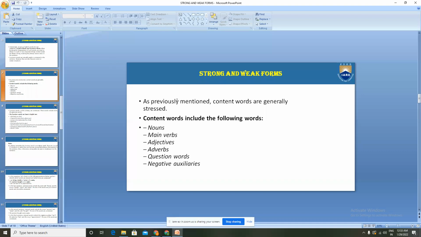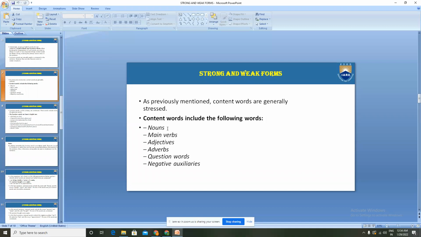Content words include nouns. Nouns are names of places, names of people, names of things. When we pronounce these words, we have to put stress whenever we get nouns in a sentence.